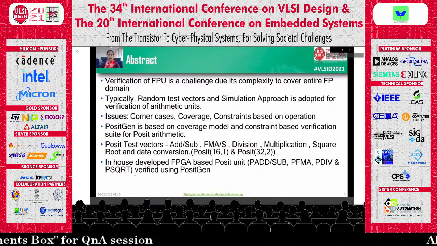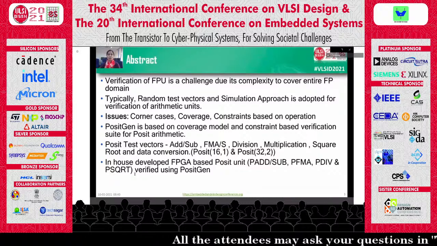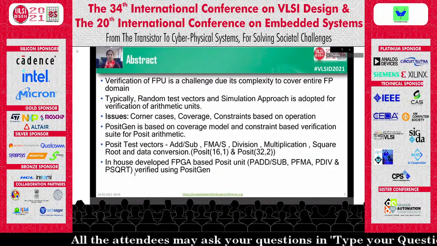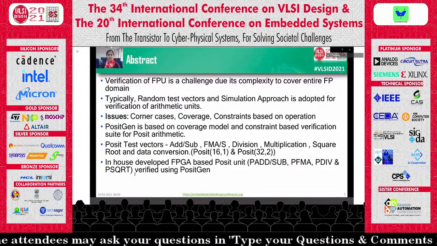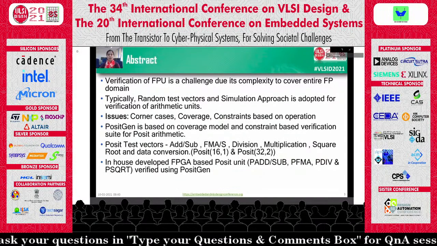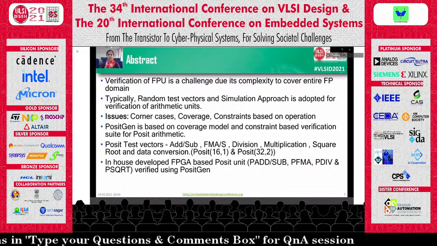Many software and hardware POSIT implementations have been verified by using random test vectors. In this paper, we present a verification suite for POSIT arithmetic. POSITGen provides both constant-based and random test vectors to validate POSIT arithmetic units. As a case study, we have used test vectors generated by POSITGen to validate an in-house developed POSIT arithmetic unit on FPGA.